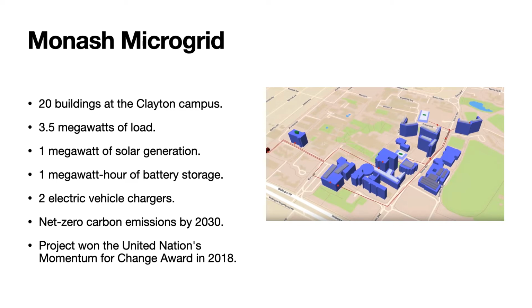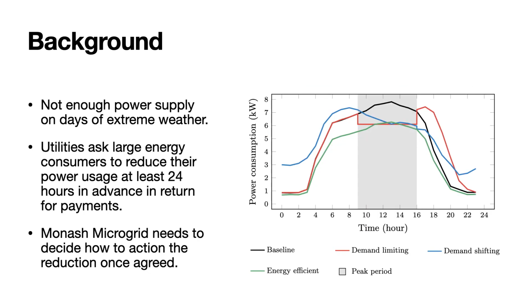The Monash Microgrid is one part of Monash University's Net Zero initiative. The university aims to have net zero carbon emissions by 2030. This project won the United Nations Momentum for Change Award in 2018. This is the background to the problem. In Australia, the temperature can get to around 45 degrees Celsius or 113 degrees Fahrenheit during the summer.